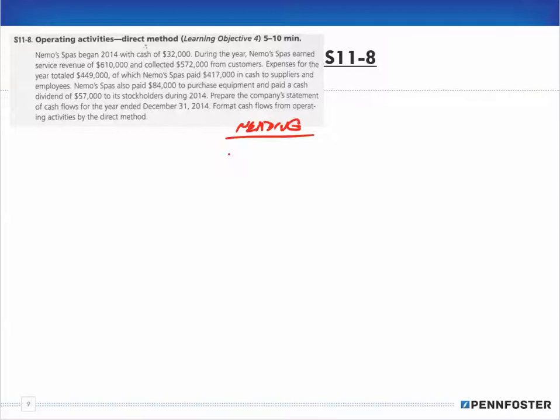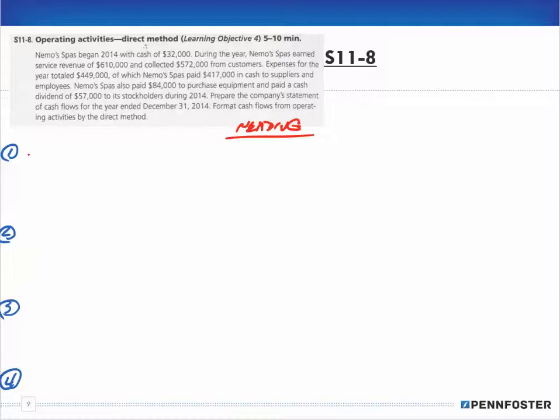Of course, we're going to create the statement of cash flows in basically 4 different sections, and I'm going to just enumerate these. Now you're not going to write 1, 2, 3, and 4, but I'm writing these just so that you can see the structure of how to create the statement of cash flows.